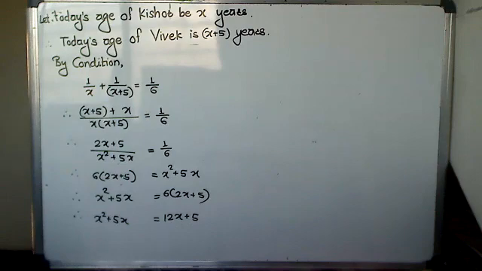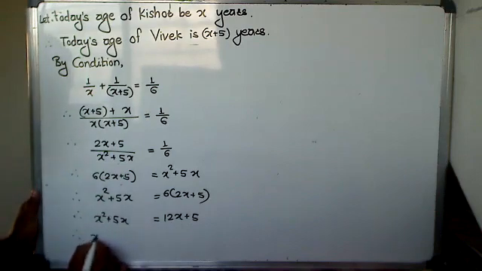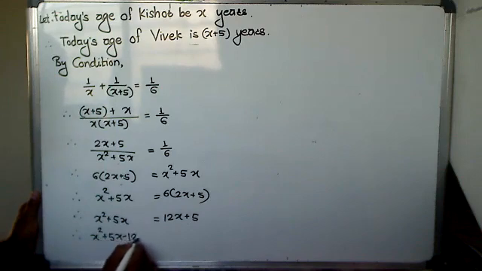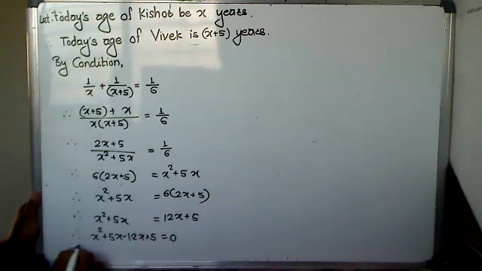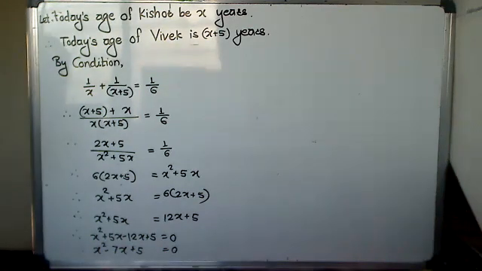Shifting all the terms to the left hand side, we can write x square plus 5x minus 12x plus 5 is equal to 0.